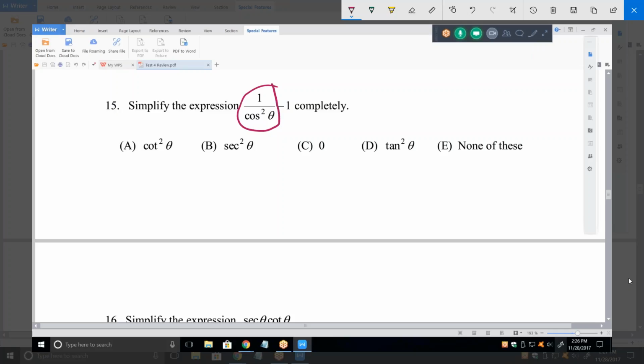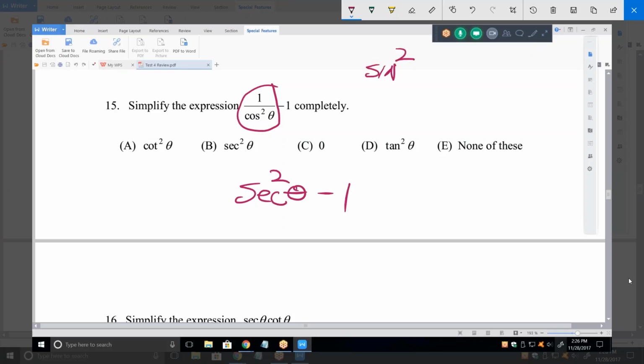What's the reciprocal of cosine? Secant. Okay, so this thing is secant squared of theta minus 1. That's the first step. Now, let's go back and look at our Pythagorean identities. We've got 3 of them.